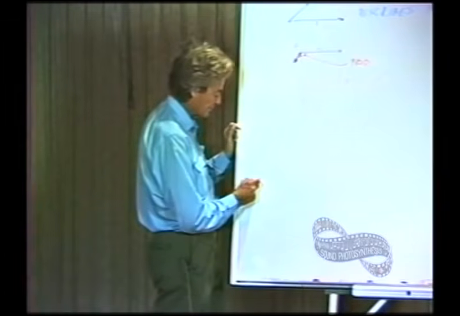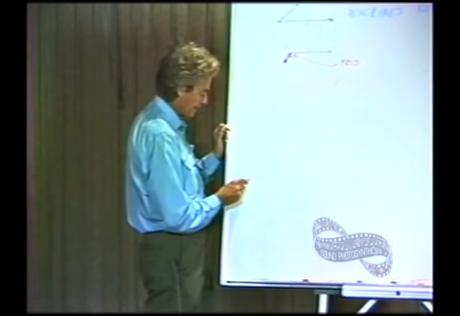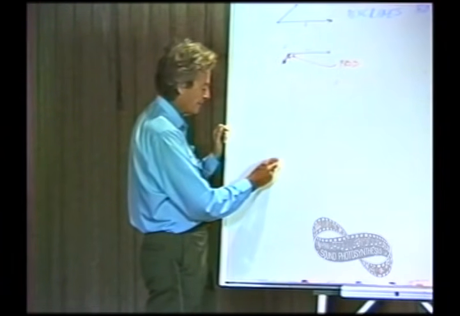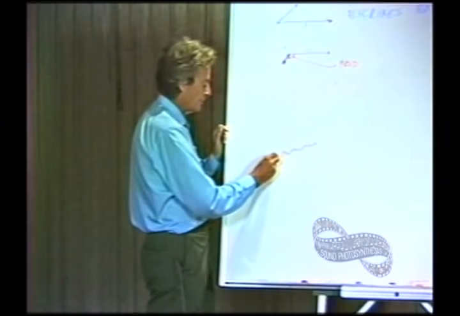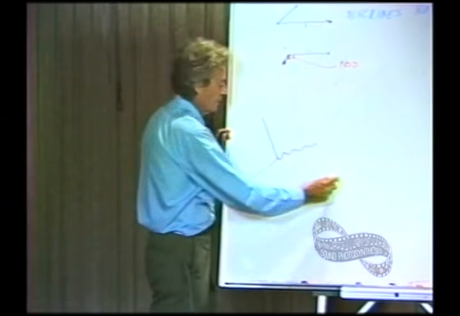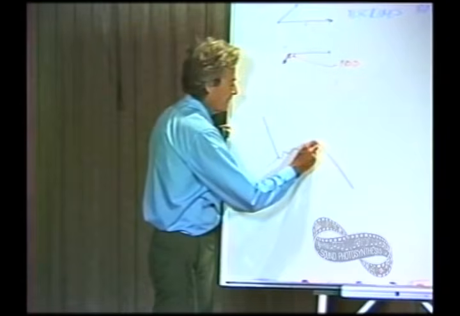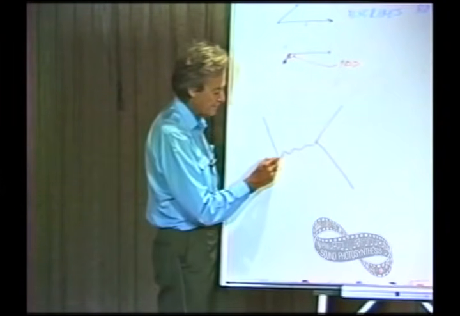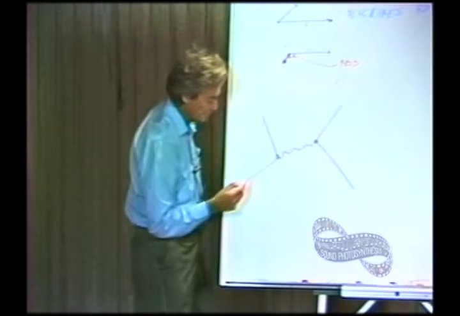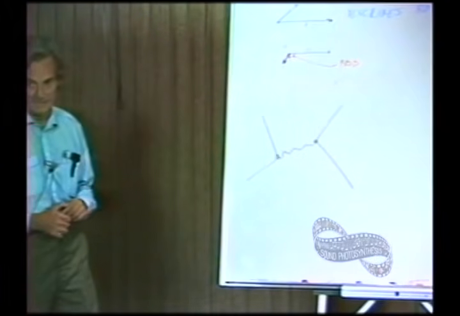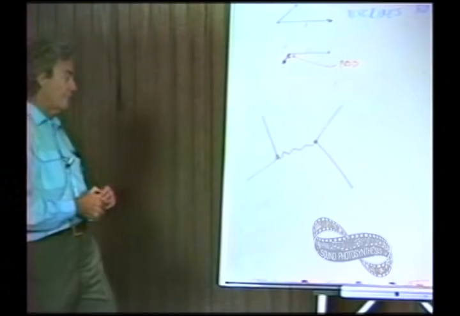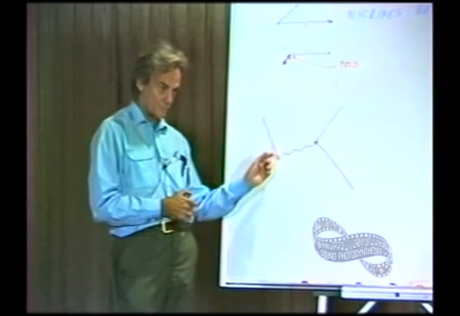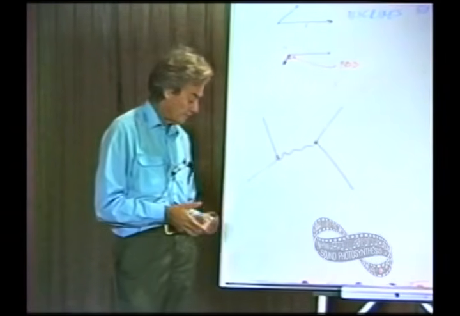You say an electron is, this is supposed to be space. An electron's going along somewhere, and it emits a photon and goes off in some other direction. Another electron can come along and pick up that photon and go in the other direction. In other words, electrons can emit or absorb, and by the way, with the same rule, a photon. And then we have to have an amplitude for that, for emission or absorption of a photon.